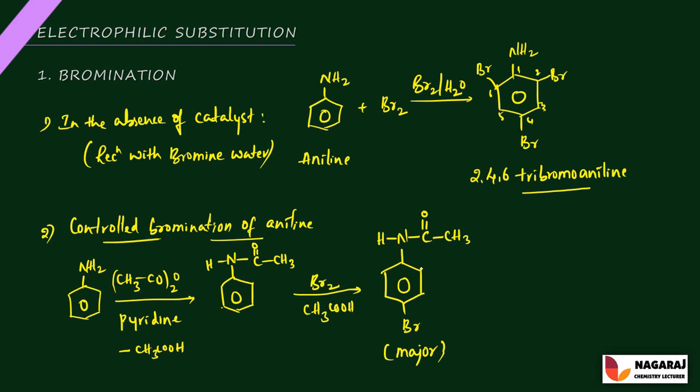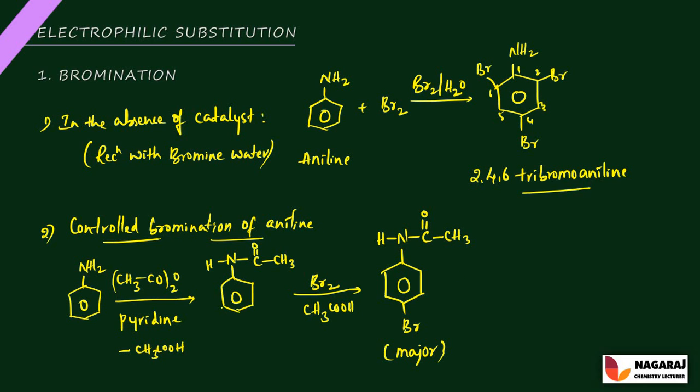Due to steric hindrance between the bulky groups, the ortho products are not stable. Hence the para product is more stable because there is very little steric hindrance between the CH3CONH group and the electrophile.